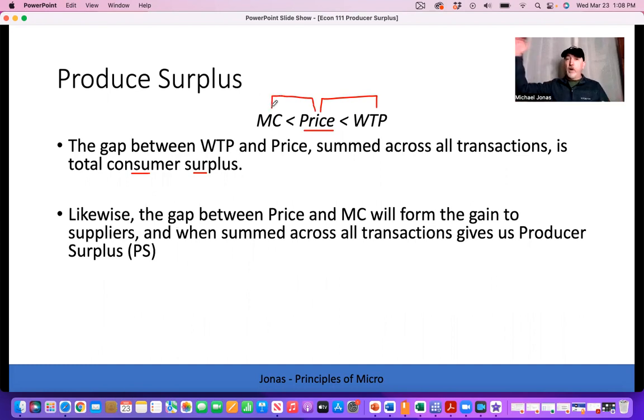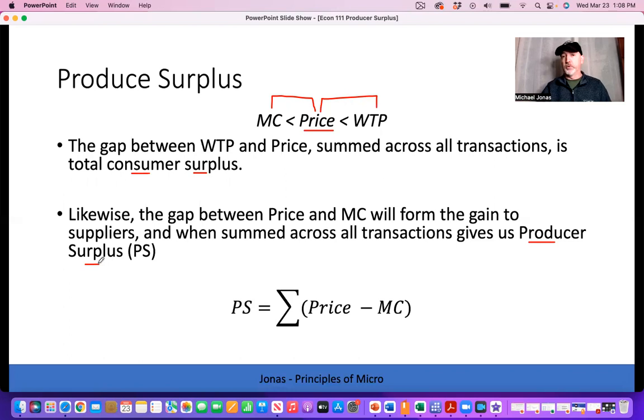How far above the marginal cost the price is, that's going to be the net gain per unit to the seller, and that's going to be our producer surplus. Right? So the difference between price and marginal cost summed across all transactions. That'll be our PS, or producer surplus definition.